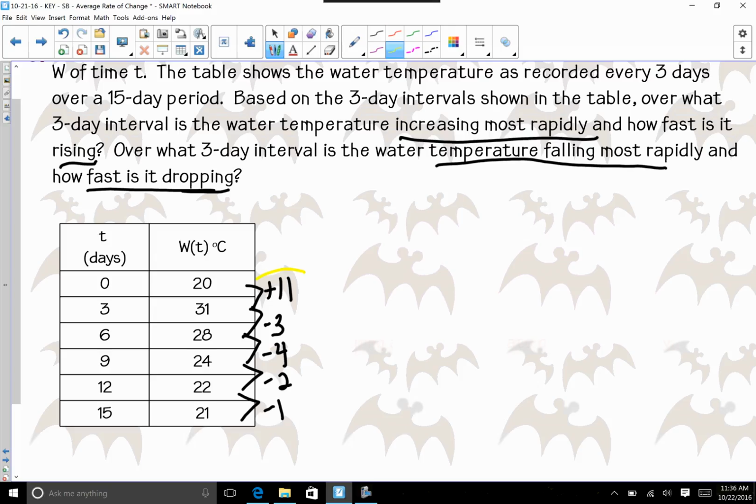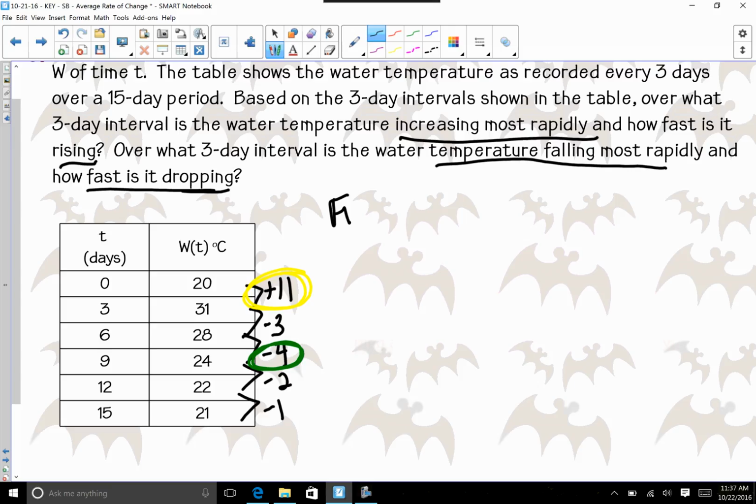Well, I see one positive change, and that's the plus 11, right? So from day 0 to day 3, we had the most rapid increase. And if I look for the decrease, which is bigger, -3, -4, -2, or -1, I see -4 is bigger.